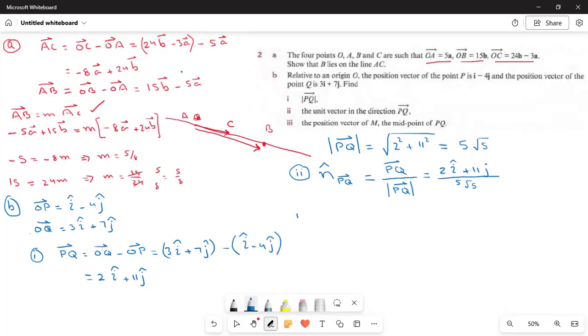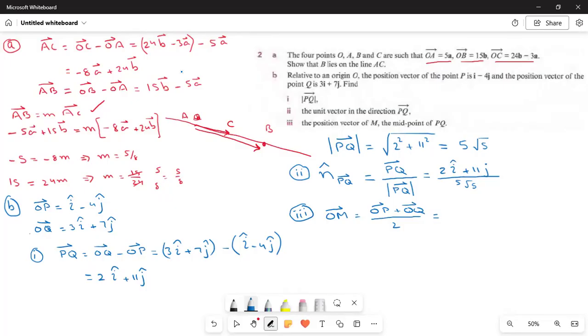Now the third part says the position vector of M, the midpoint of PQ. So this OM is basically OP plus OQ divided by 2 is the midpoint.